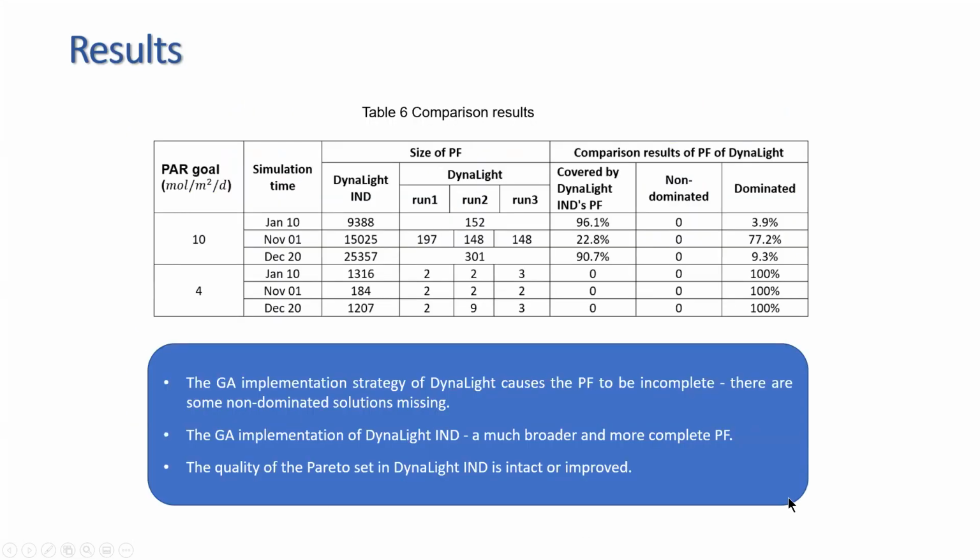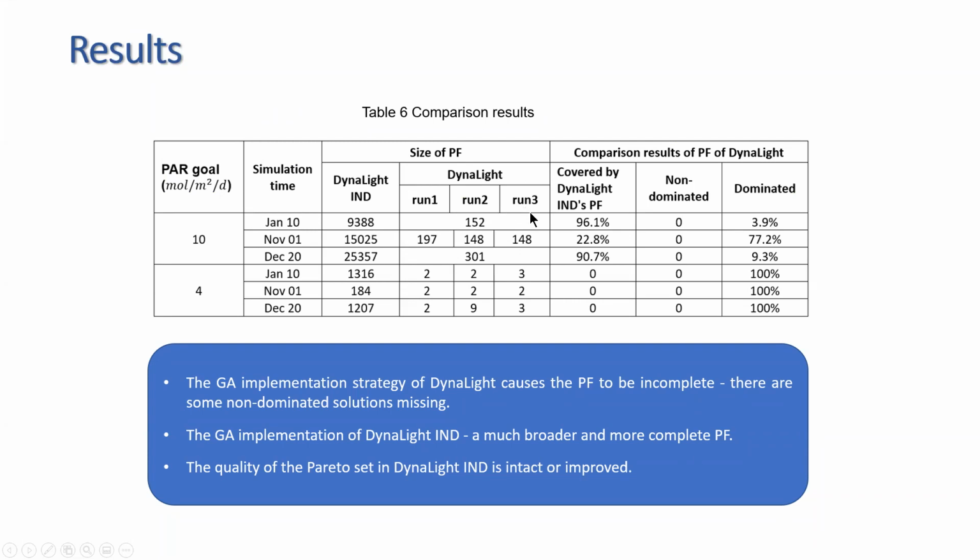This table is the summary of the comparison of all of the simulation results. These are the 2 PAR goals, and these are the simulation times. These columns are the sizes of the Pareto Frontier of the 2 versions. For the old version, we can see that in some situations, the sizes of the Pareto Frontier across the 3 rounds are quite different.